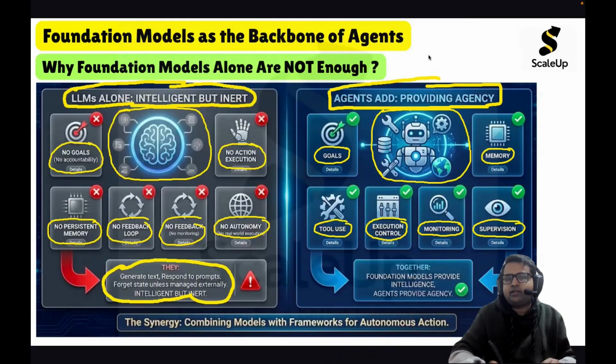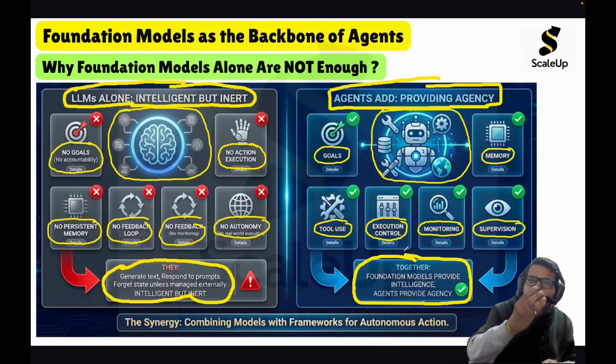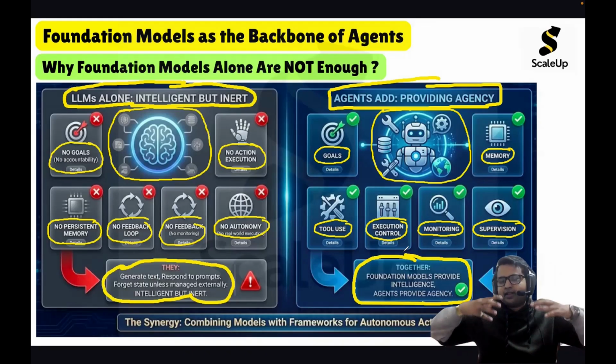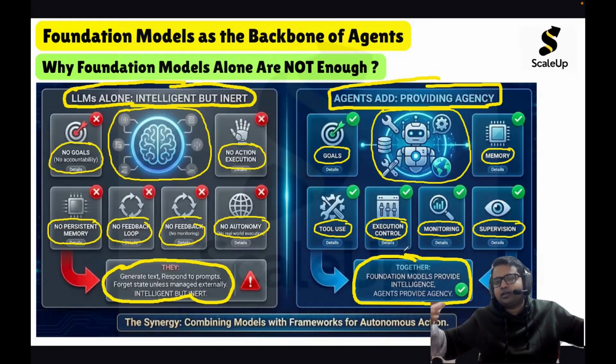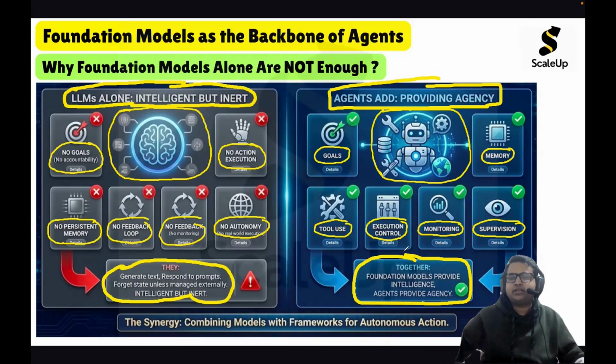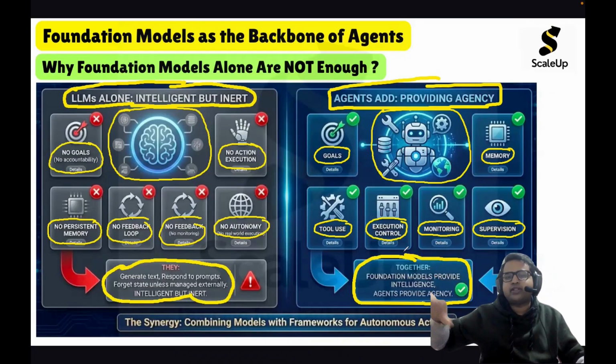So together, foundation models provide intelligence and agents provide agency. Agents make use of large language models for intelligence, but agents have some additional features and qualities that enable them to act. So agents provide agency on top of large language models, which provide the intelligence.